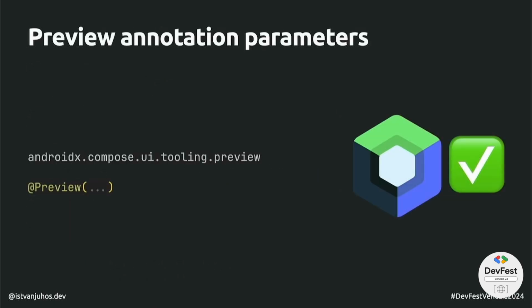So about the parameters. We have this androidx.compose tooling library, which we can use with Jetpack Compose and Android Studio. And Android Studio does understand most of those things, let's say all. So we have this preview annotation from that library. Android Studio supports these parameters that I've just shown you perfectly fine.